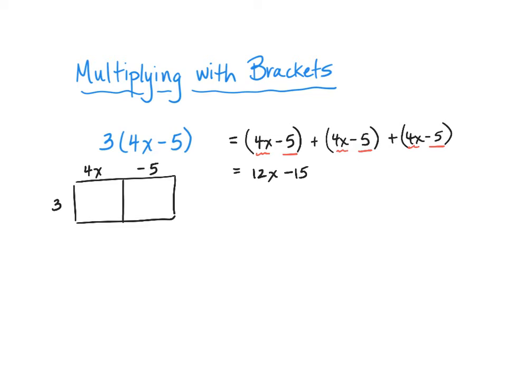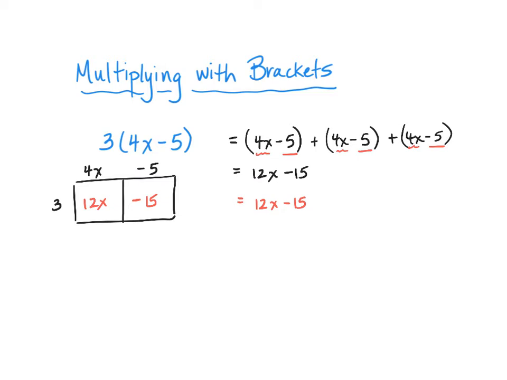We said that we have 3 of the 4x's, which gives us 12x, and we have 3 of the minus 5's, which gives us minus 15. Notice that still gives us our answer, 12x minus 15. Just a slightly different way, perhaps, of visualizing or communicating our thinking.